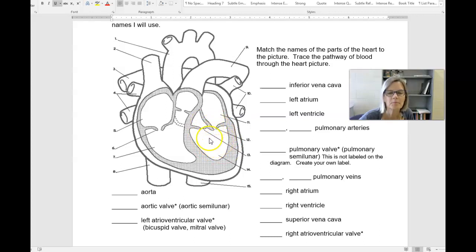And then that blood leaves the left side of the heart through the aortic valve and up into the aorta. This is a little tricky because it's three-dimensional, but this valve leads to the aorta, and that blood vessel branches through the body, dumps off the oxygen, and the blood comes back in the vena cava.